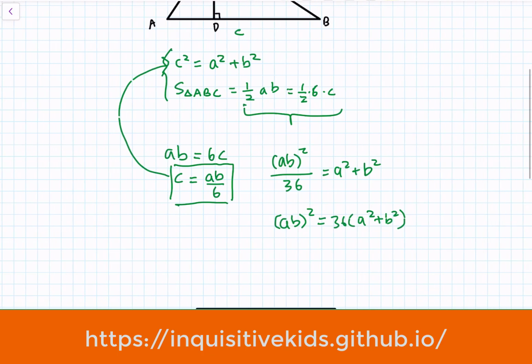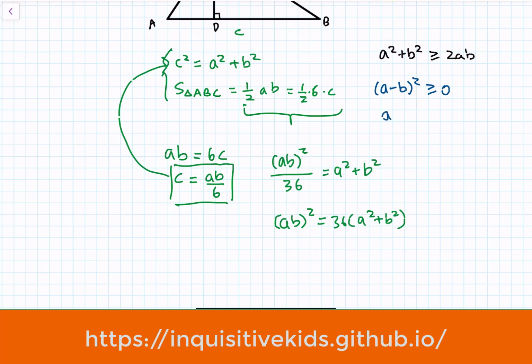When we see A squared plus B squared, we can think of the inequality: A squared plus B squared is always greater or equal to 2 times their product. How do we get this? Well, this is easy to prove. When we take A minus B squared, because it's a number squared, it has to be greater or equal to 0.